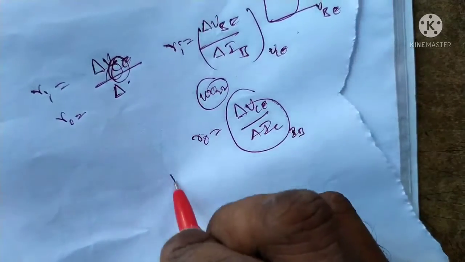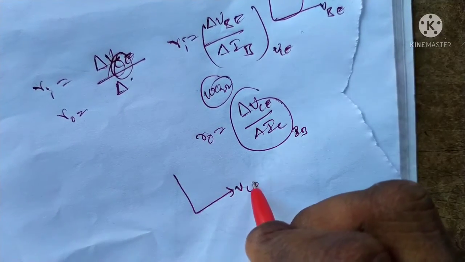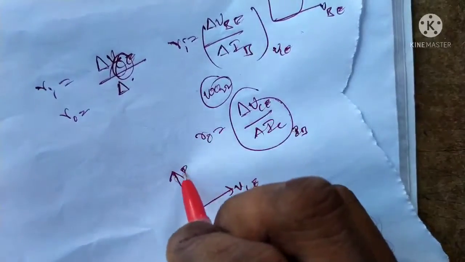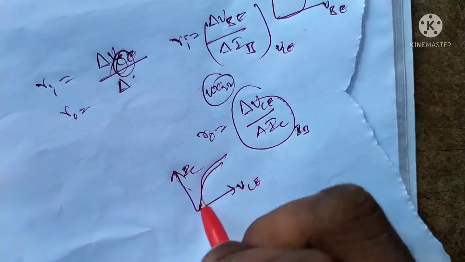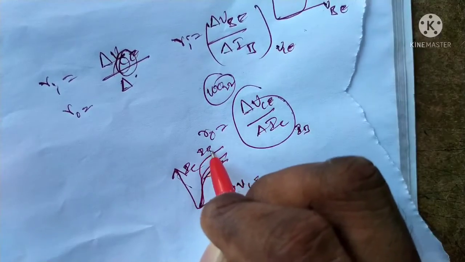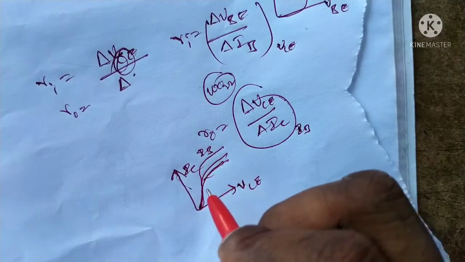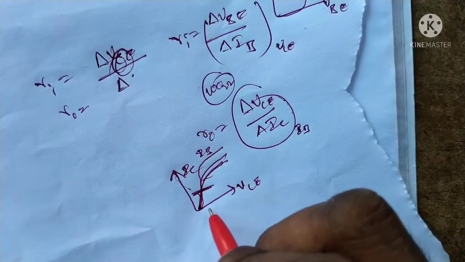The graph is like this: VCE on one axis and the collector current IC on the other, at constant base current. As the base current increases up to a certain region, there is no change.